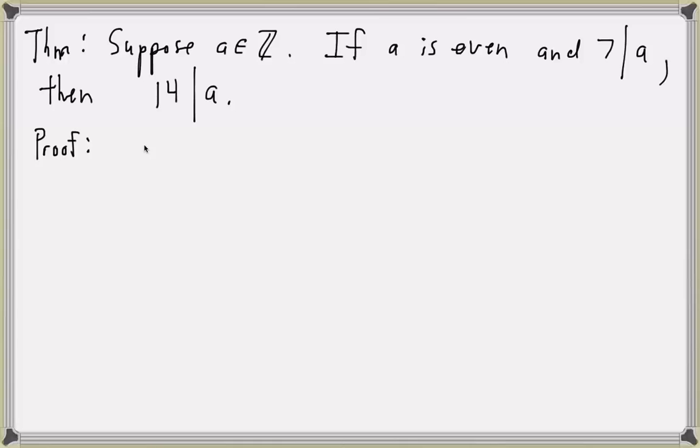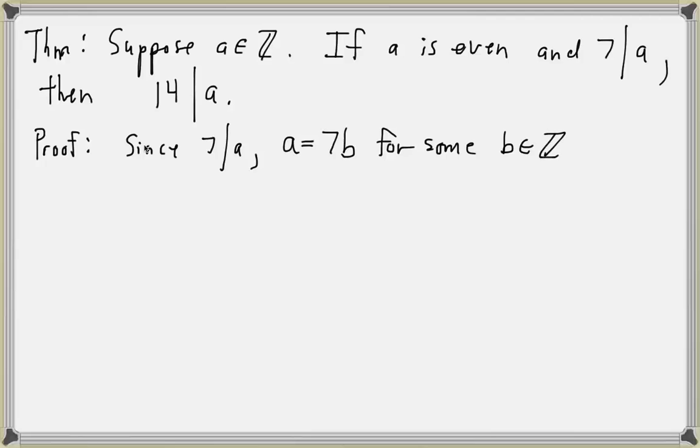Let's use the assumption that 7 divides a. Since 7 divides a, we can write a as 7 times an integer. So I'll write it as a equals 7 times b for some integer b. But we also know that a is even.